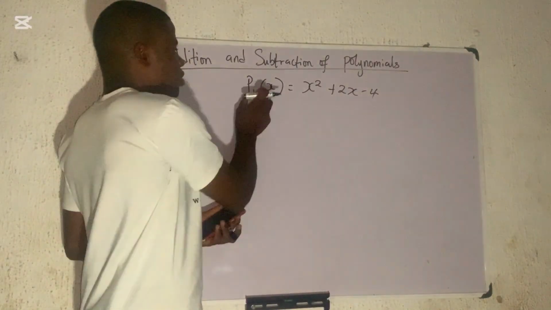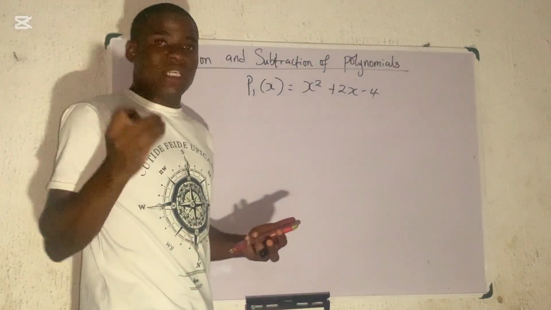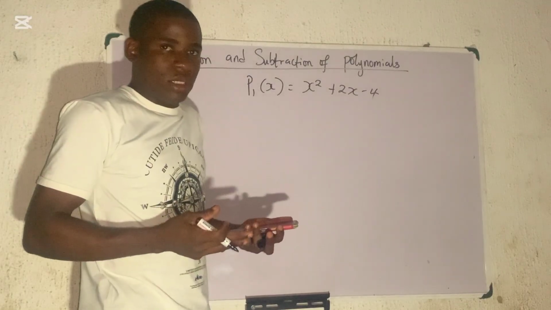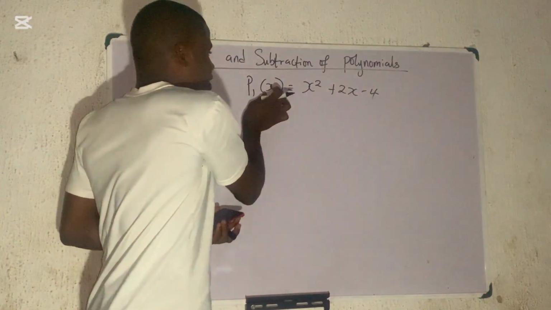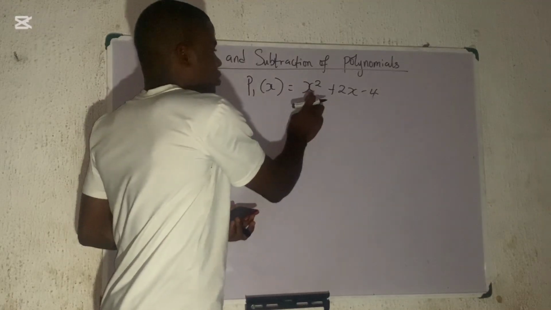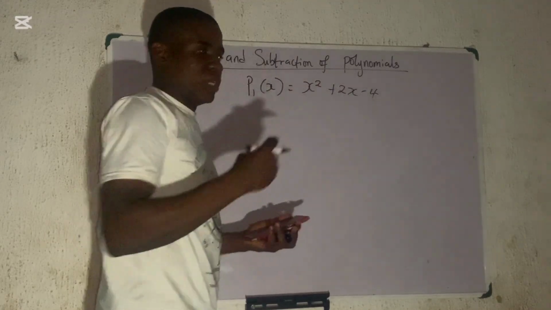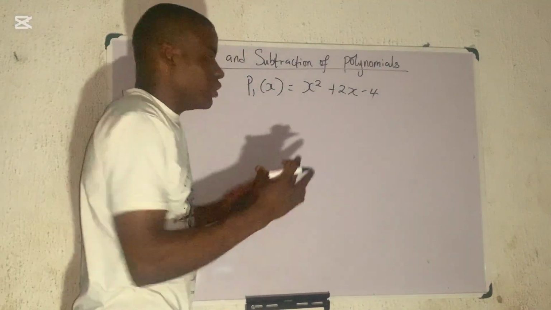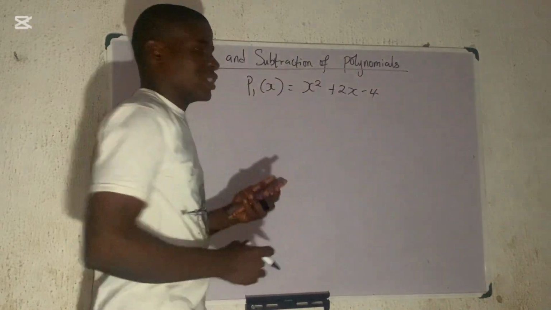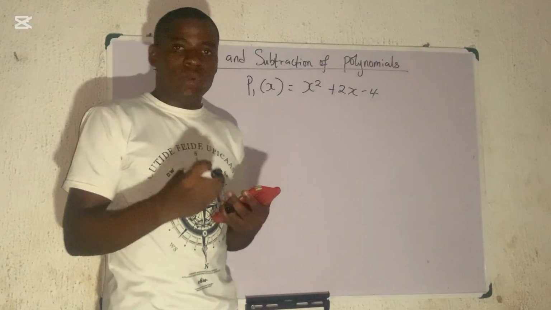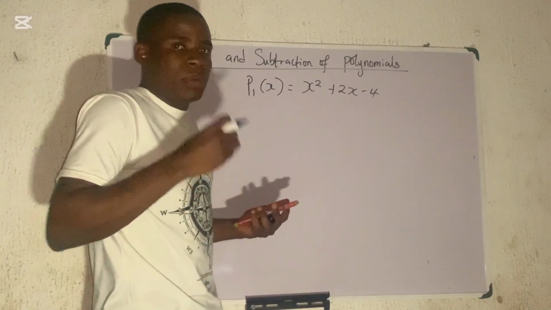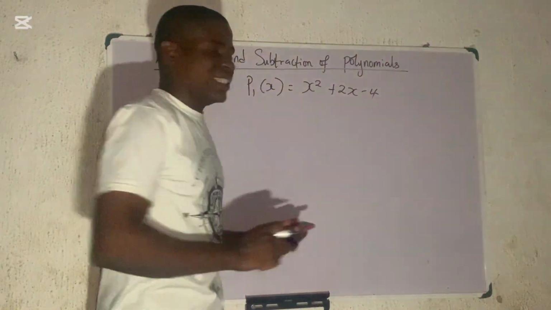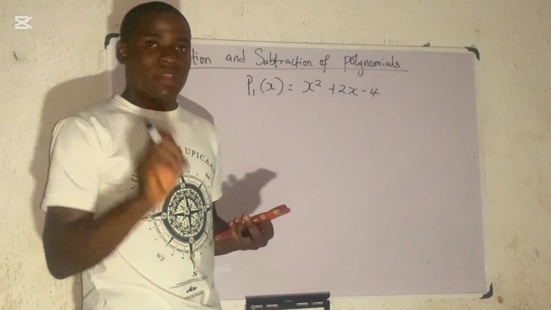P1 represents the polynomial itself. Then x tells you that the variable, the unknown you have in the polynomial, is x. If you combine these, P1 of x is the value of the polynomial P1 when x is given a specific value.